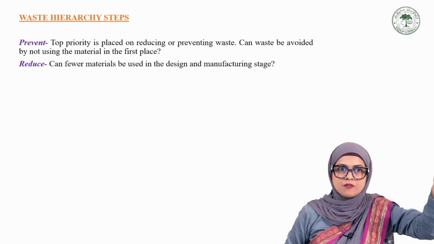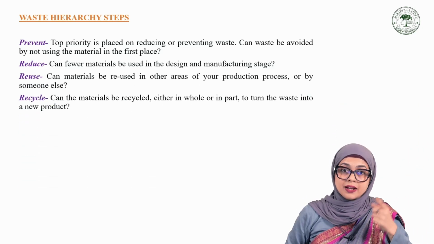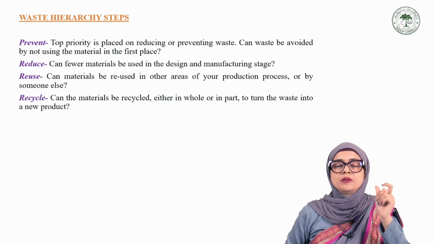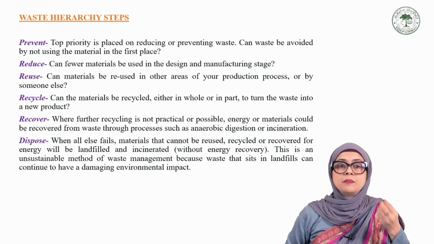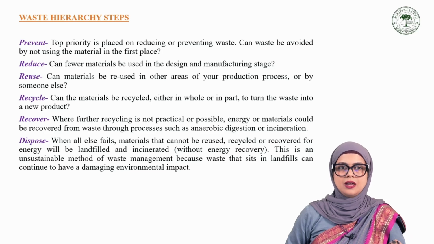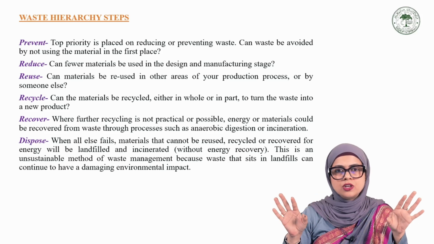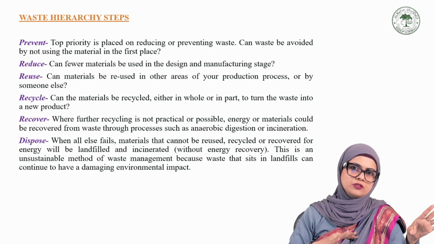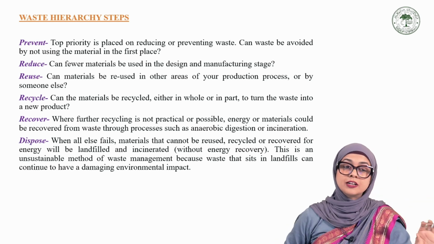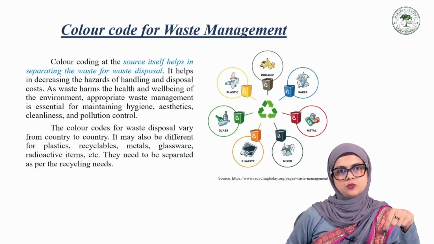So you start from preventing, then reducing, then reusing, then recycling: what material can be recycled either in whole or in part, what material can be recovered from the waste. And if everything fails, then the material that cannot be reused, recycled or recovered is ultimately disposed of. That should be the least action of ours. The main thing is preventing and the least should be disposing.